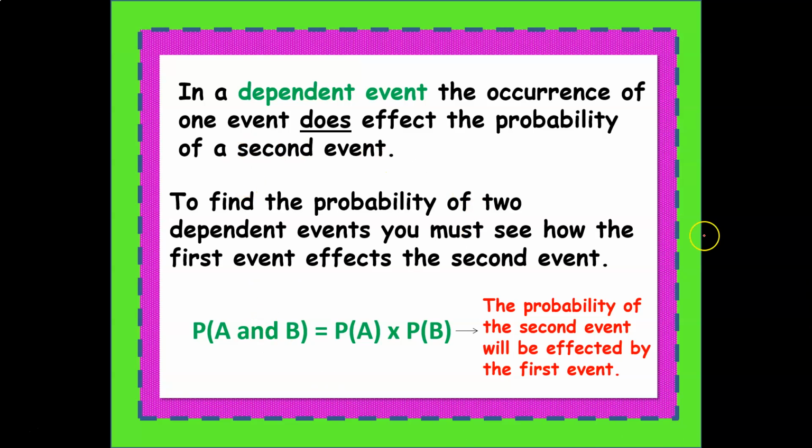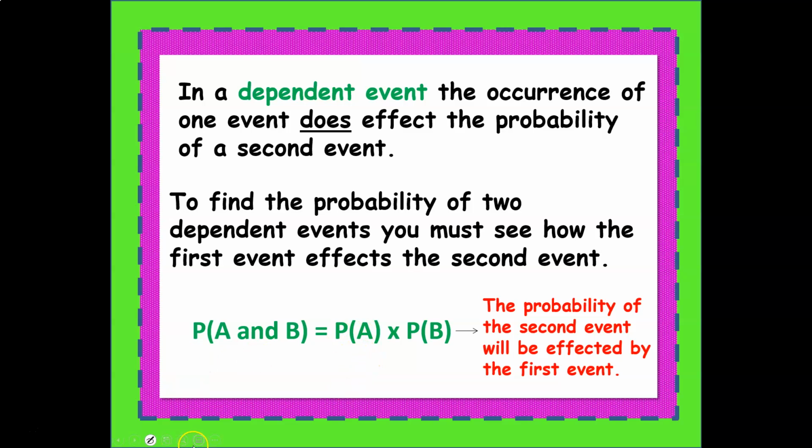You're still going to take the probability of the first event times the probability of the second event, but that probability of the second event will be affected by the first. So we can't find each of these separately. We have to think about what the probability of the first is and how it will affect the second event.